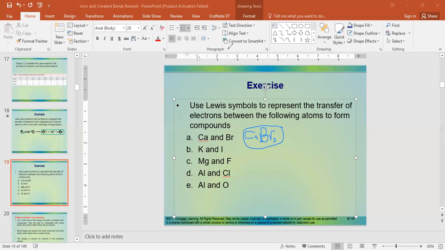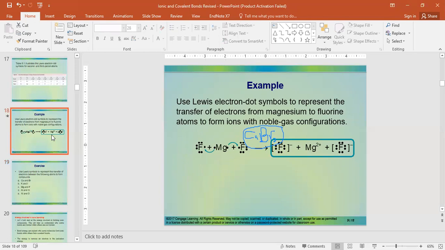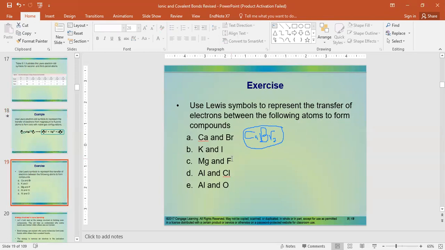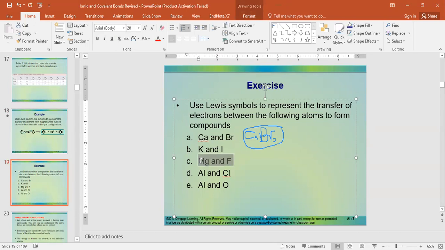So magnesium and fluoride, this one we have already done. Then we have aluminium and chlorine. Aluminium is trivalent, chlorine is monovalent. Aluminium and oxygen, aluminium is trivalent, oxygen is divalent.